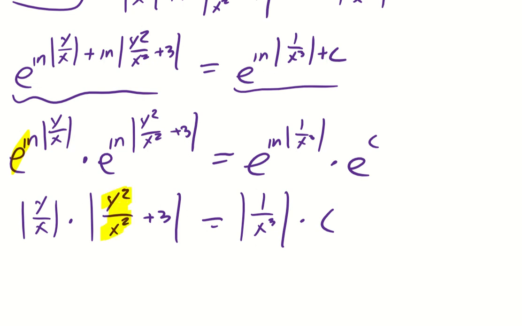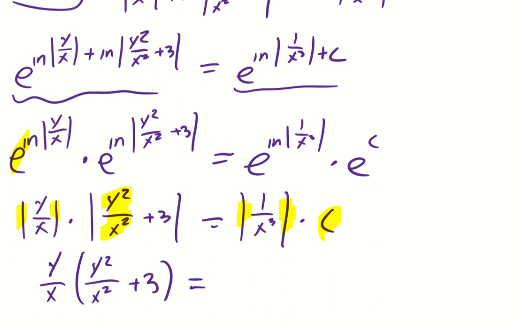Y squared over x squared is guaranteed to be positive. And then we can absolutely drop these too, because the plus and minus can be absorbed in our arbitrary constant. So now we have y over x times the quantity y squared over x squared plus 3 is equal to c over x cubed.